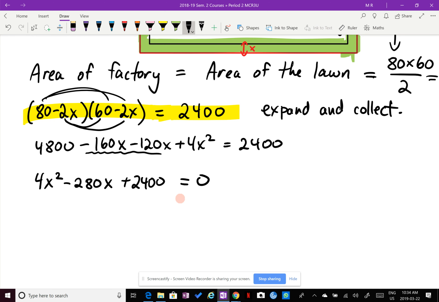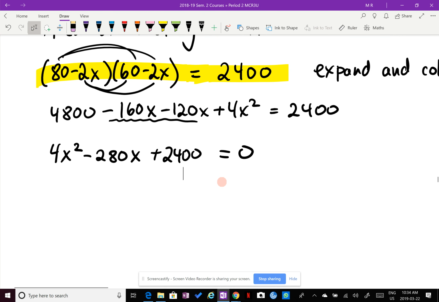Okay, so now I have a quadratic equation in standard form equal to 0. I'm going to try and factor this first. So if I factor out a common factor of 4, 4 comes out. I have x squared. 280 divided by 4 is 70, so minus 70x. And 2,400 divided by 4 is 600.